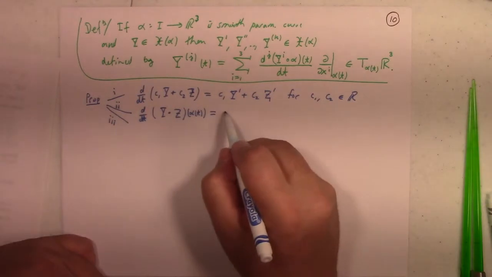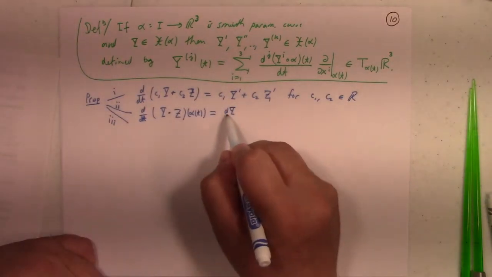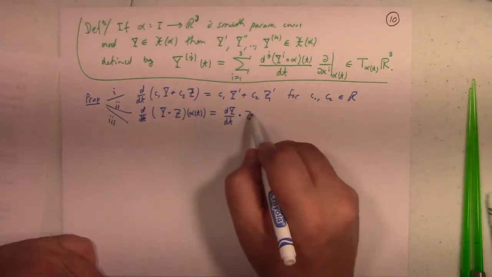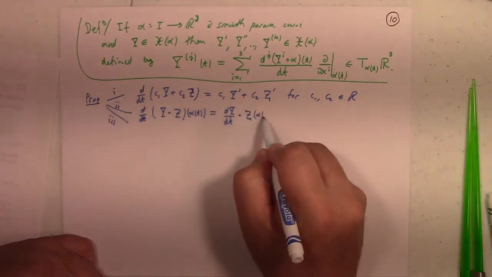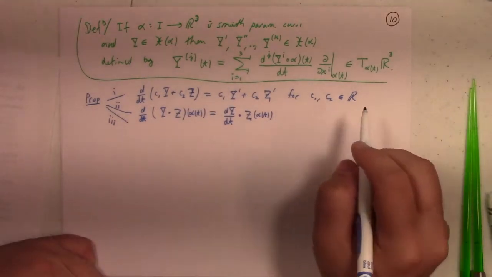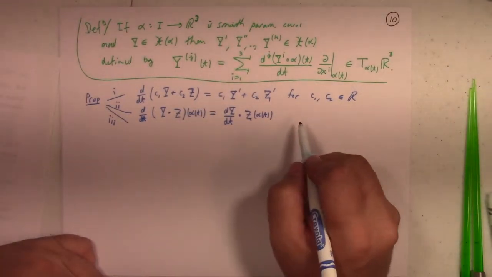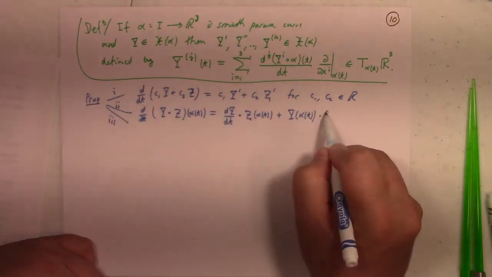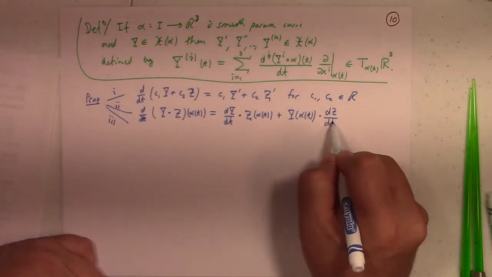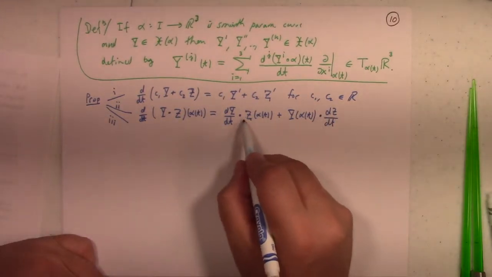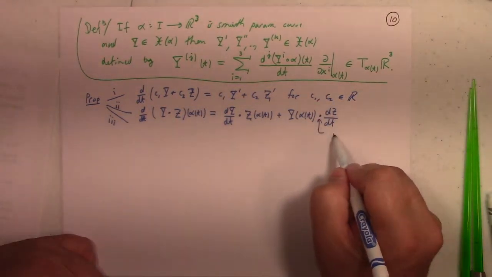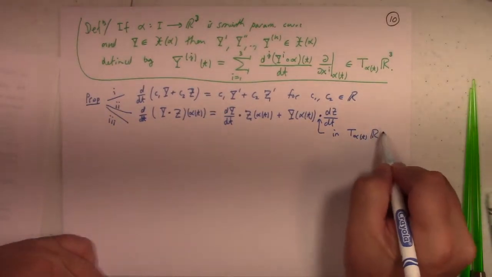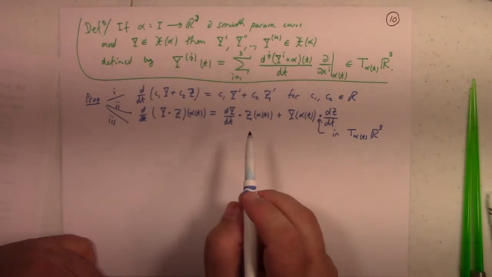Well, that's equal to dy/dt dotted with z of alpha of t plus y of alpha of t dot dz/dt. I mean, these dot products are taking place in the tangent space at alpha of t to R3, okay, which we talked about earlier in this lecture.